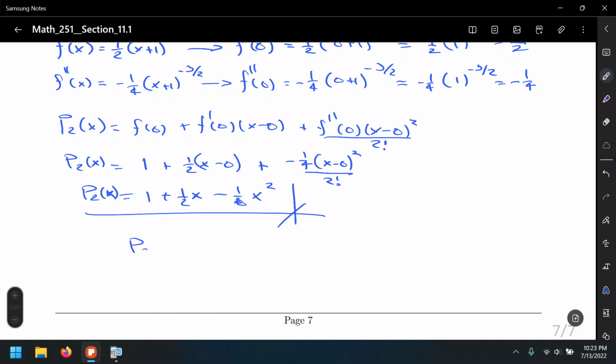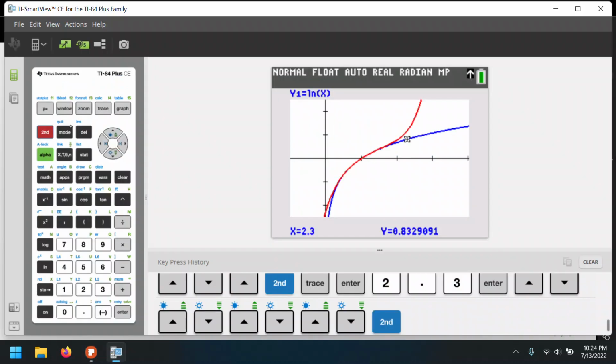And evaluating at 1.06: 1 plus 1/2 times 1.06 minus 1/8 times 1.06 squared. Fortunately I don't have the result, so I will have to do it in my calculator.